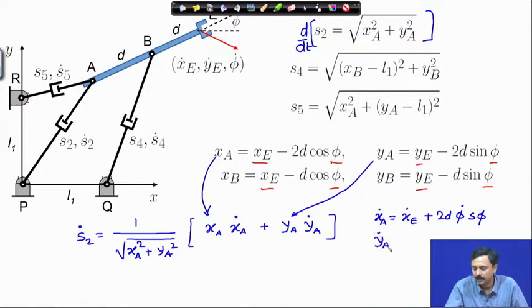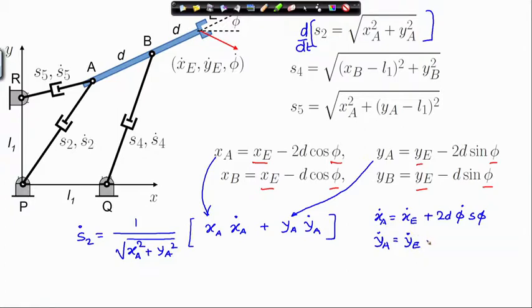Similarly, y a dot is y e dot minus 2 d phi dot cosine phi. So, these also you can replace. So, finally, S 2 dot will be something times x e dot plus something times y e dot plus something times phi dot.